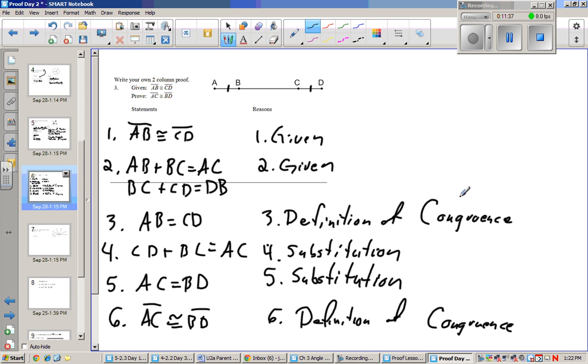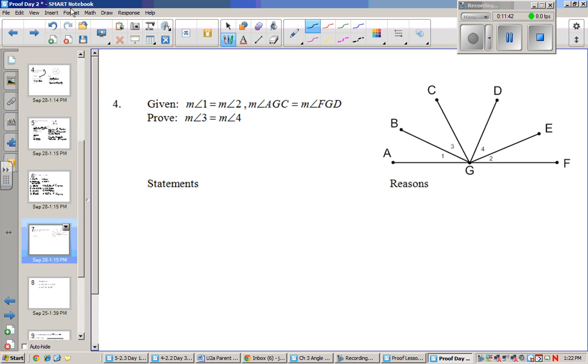All right, we have one more proof we're going to try on our own and then see how you do. All right, easiest thing, write down the given information.